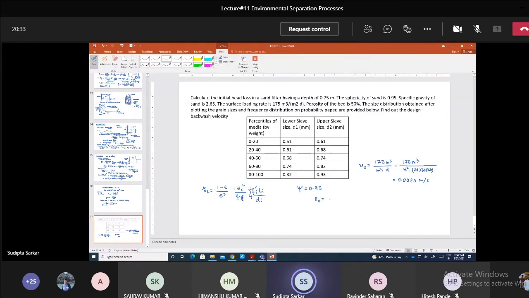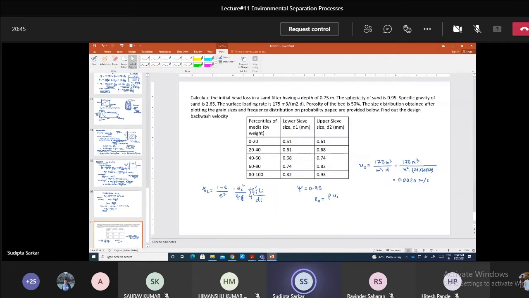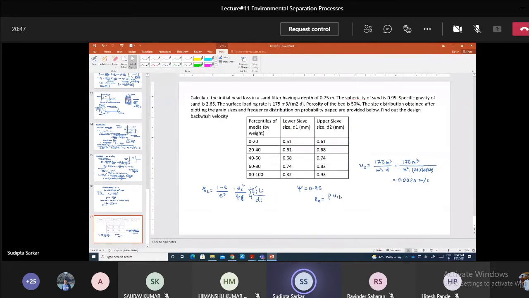Okay. So this is our Vs, and so if I write Re in terms of V, you have rho Vs psi by mu into V. So if you get back here, rho Vs psi by mu into V. Okay. So I'll write Re i equals to that.